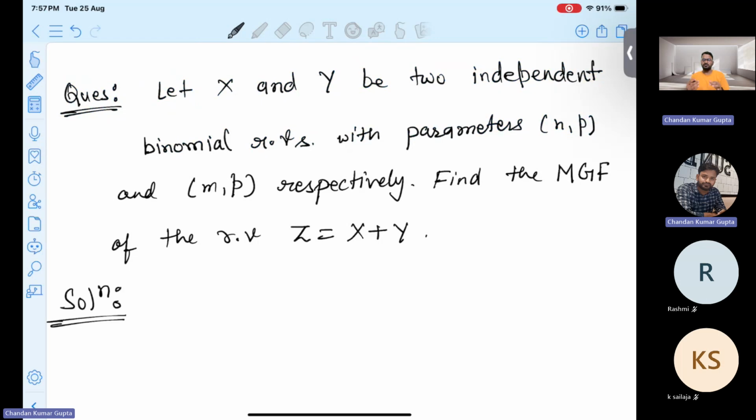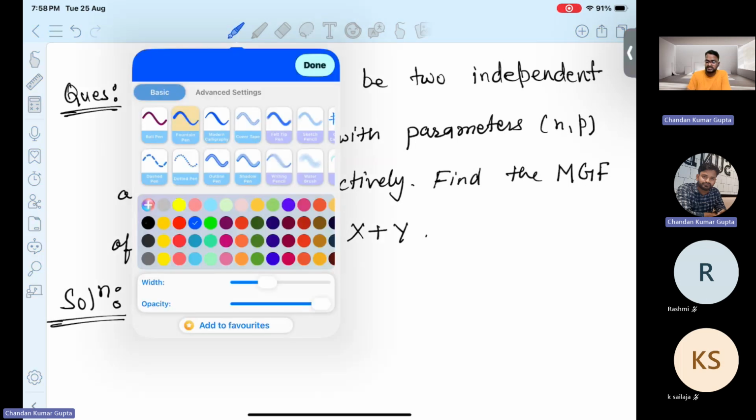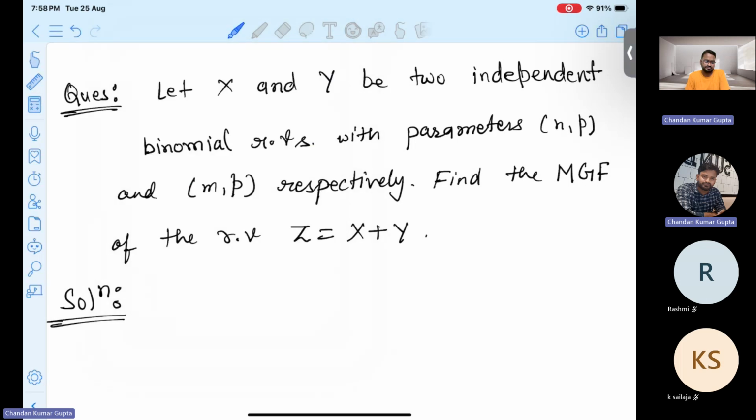See, we are given the information related to the marginal distribution, and we need to find the joint. We are not able to calculate the joint PDF, joint CDF, or joint MGF unless we have some more information. Here we have one more piece of information, and that is that these two random variables are independent. So with the help of that independence condition, we can proceed.